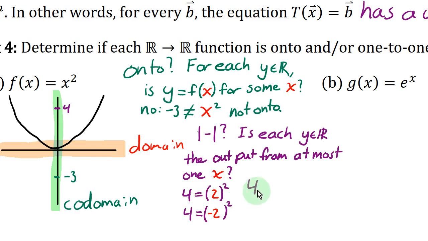So the equation 4 equals x squared has more than one solution. If you can find at least one value of y where that happens, then it's not one-to-one. So the answer to this is also no. It's not one-to-one.